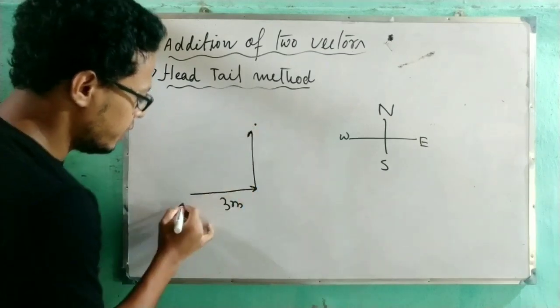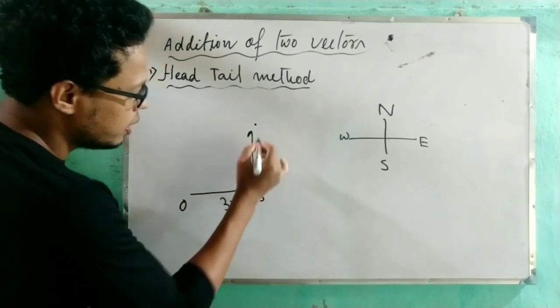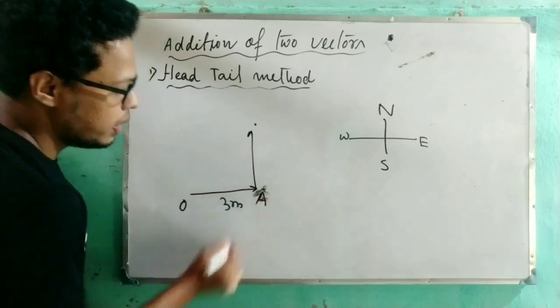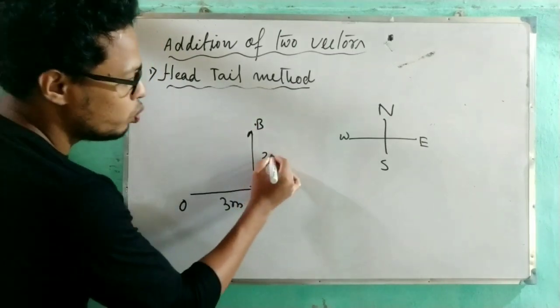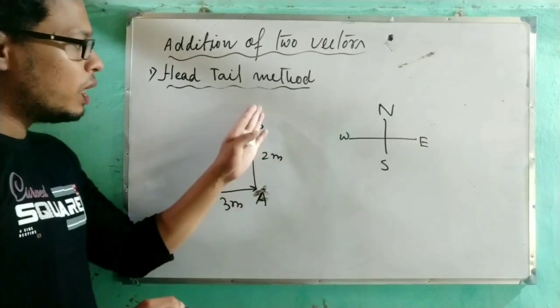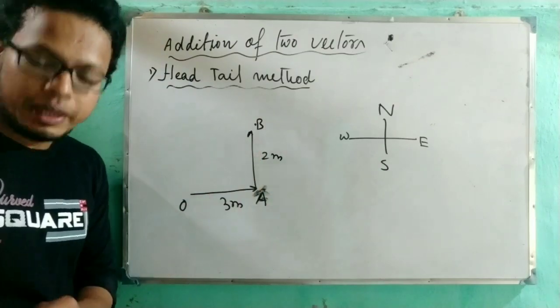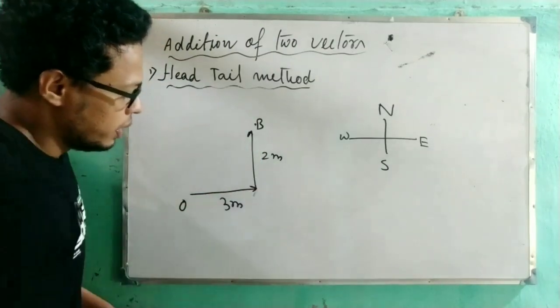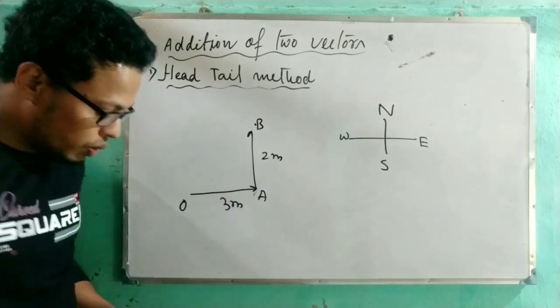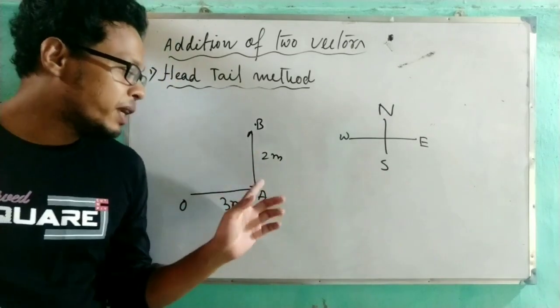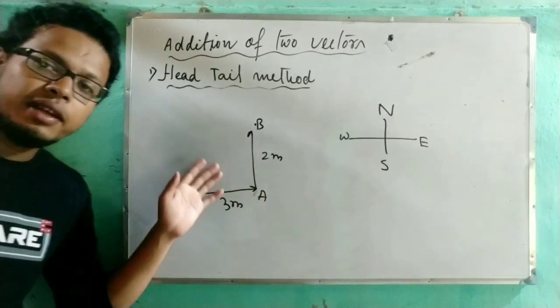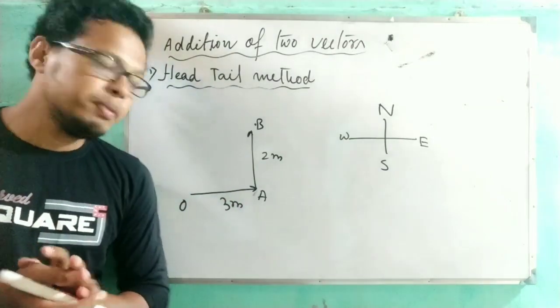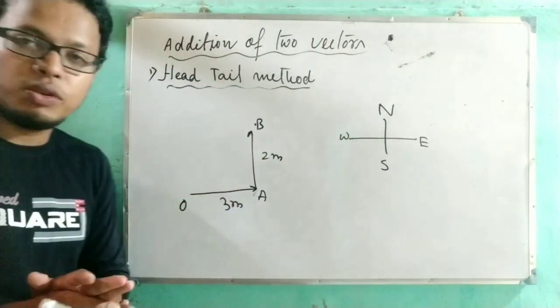I am naming the points O, A, and this is B. He moves towards north by 2 meters. Now, what is the question? What will be the displacement? Find the net displacement. This is the resultant of these two vectors we have to find.